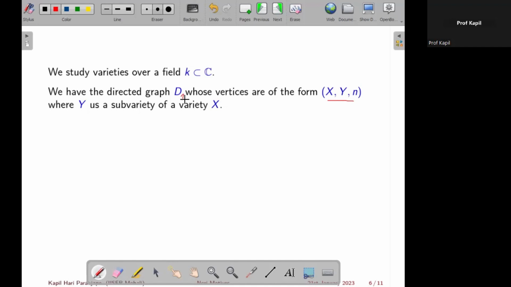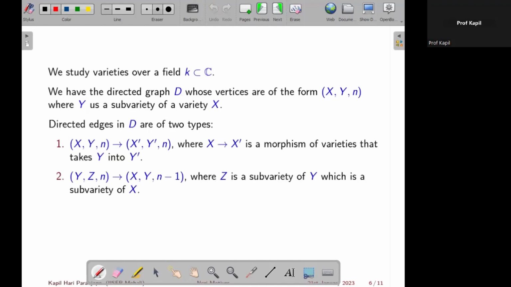That's the idea. So we have a directed graph with vertices of this type, and the directed edges are of two types. So I think I mentioned this last time. x, y, n goes to x prime, y prime, n, where x to x prime is a morphism of varieties that takes y to y prime. And then we know that in that case, from H_n(x, y) to H_n(x prime, y prime), there is a map of singular homologies.